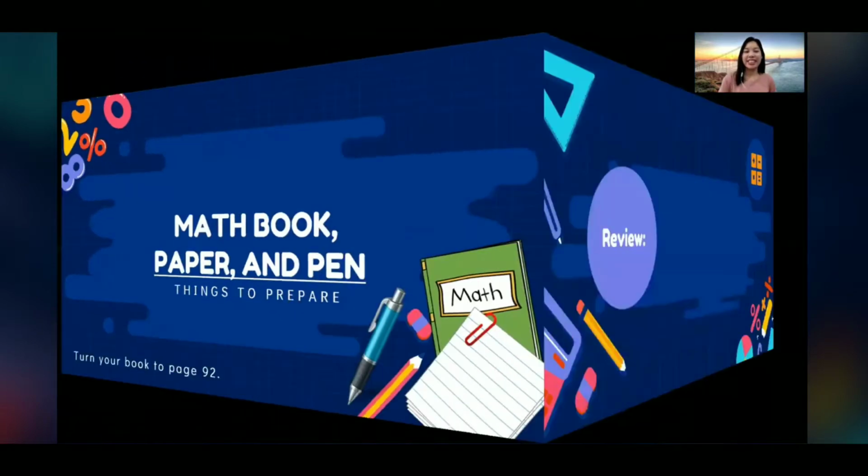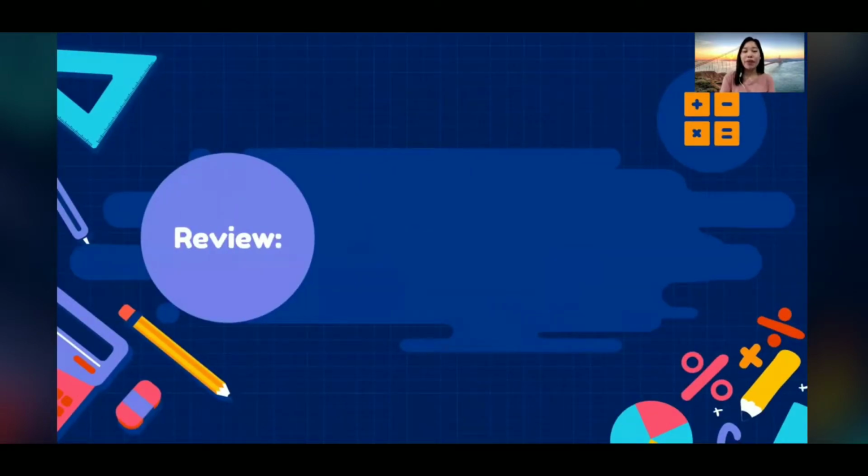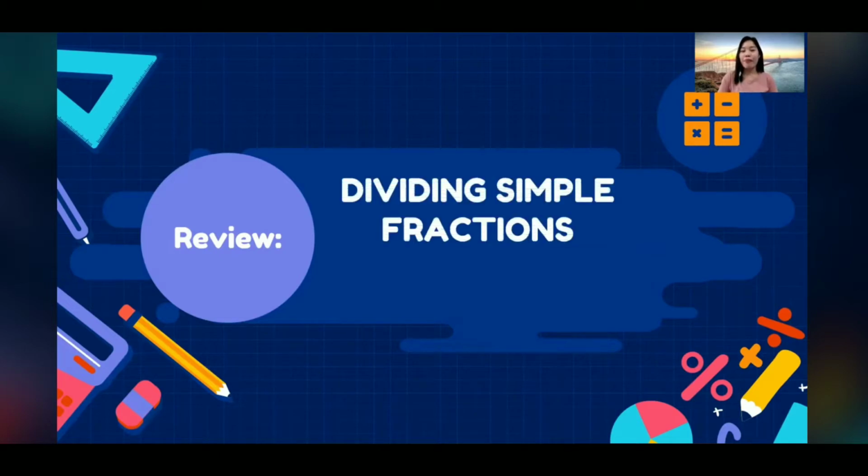That's great. Let us now have a simple review of what we have discussed last meeting. Can you now recall what was it all about? Good recall. Our topic last meeting was about dividing simple fractions. How do we divide simple fractions?